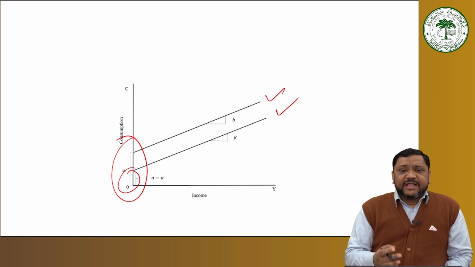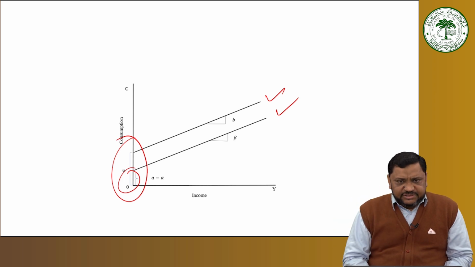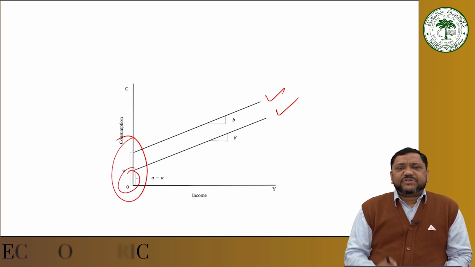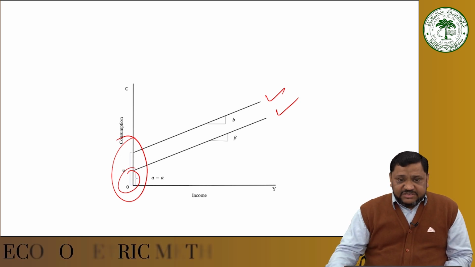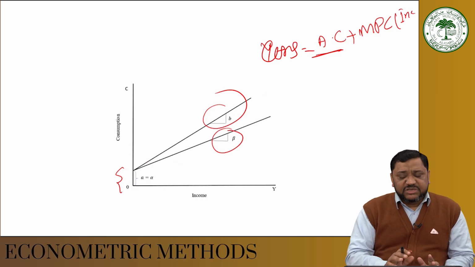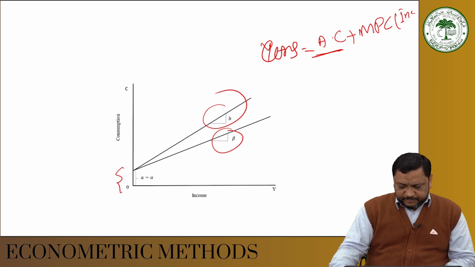This indicates that the autonomous consumption has increased, but the marginal propensity to consume was the same. Whereas in the previous case, the autonomous consumption was the same and the marginal propensity to consume was different.